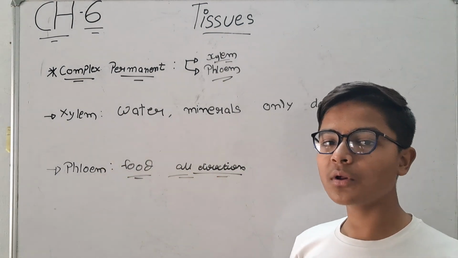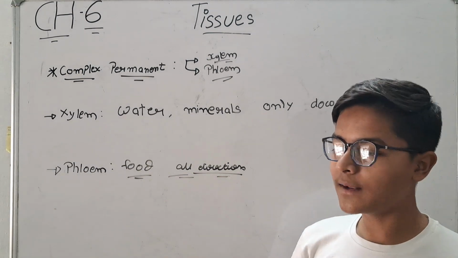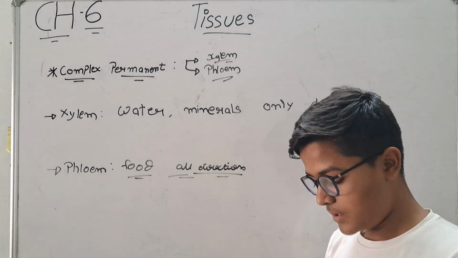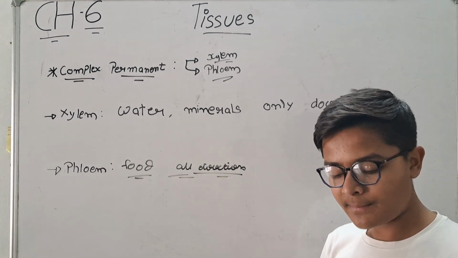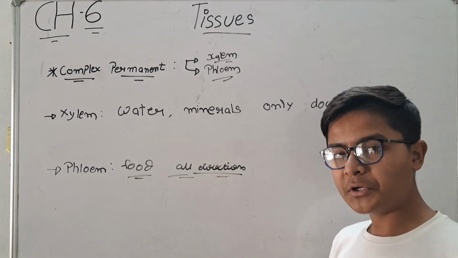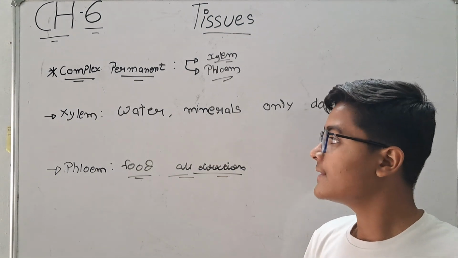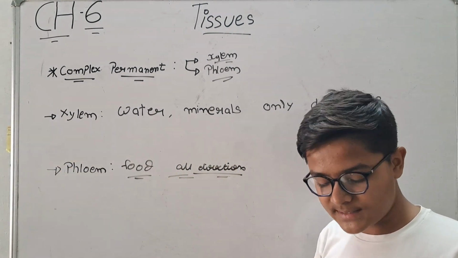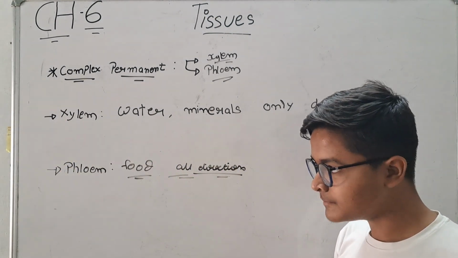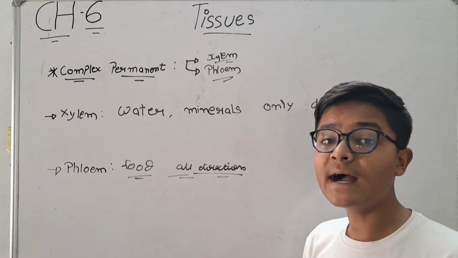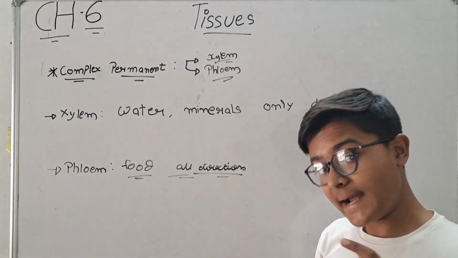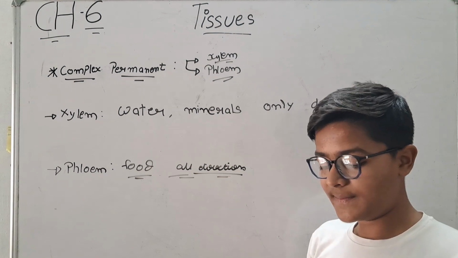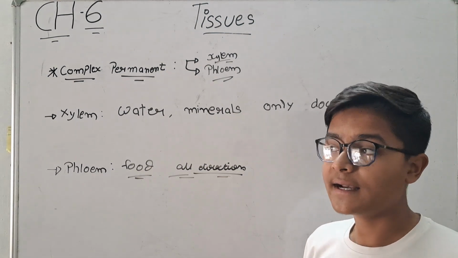There are four components of phloem: phloem fiber, phloem parenchyma, companion cell, and sieve tubes. And there are four components of xylem: xylem fiber, xylem parenchyma, trachea and tracheids. So don't forget that there are trachea and tracheids.